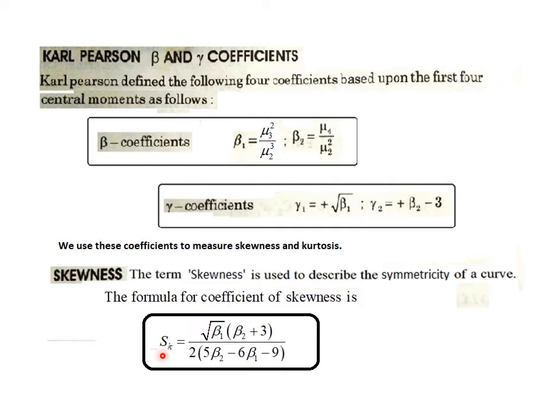So here we have to discuss three different things: when Sk becomes positive, when Sk becomes negative, and when it becomes 0. It becomes 0 for beta 1 equals 0. Then for particular values of beta 1 and beta 2, it may be positive or negative. As per these three choices of Sk, 0, positive or negative, the skewness of the curve can be described, which we will see through diagrams in the next slide.